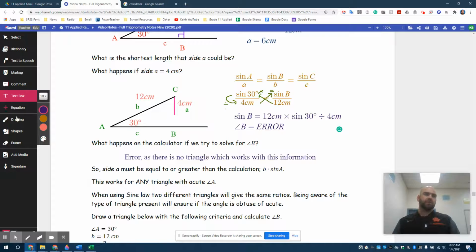So whatever our angle and side are, if we multiply B times sine of A, our side A has to be bigger than or equal to that number for this triangle to actually work.